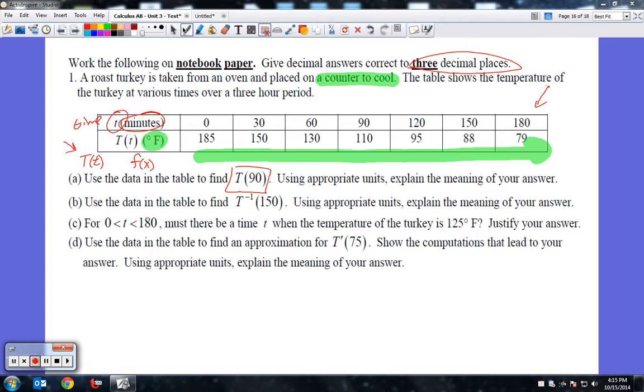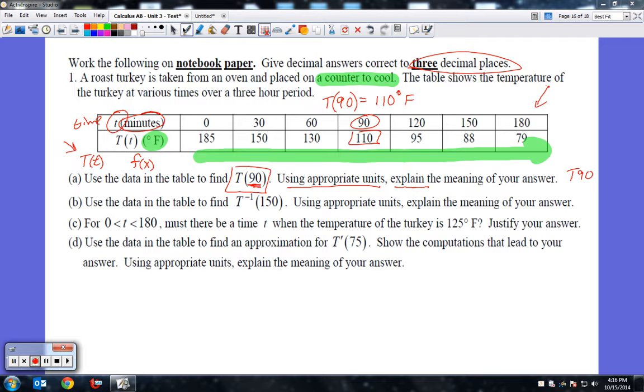If I'm looking at 90, what is my position at 90? At 90 minutes, my position is going to be 110. We're just going to use appropriate units and explain the meaning. The meaning is basically it's the position at 90 minutes. So appropriately, we're going to say T of 90 is equal to 110 degrees Fahrenheit.